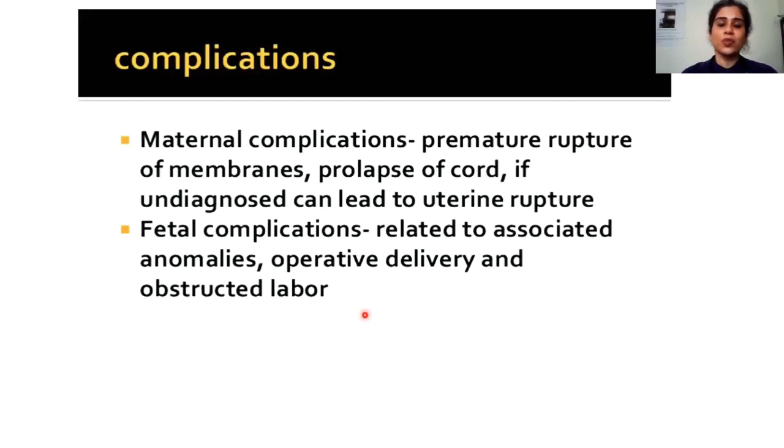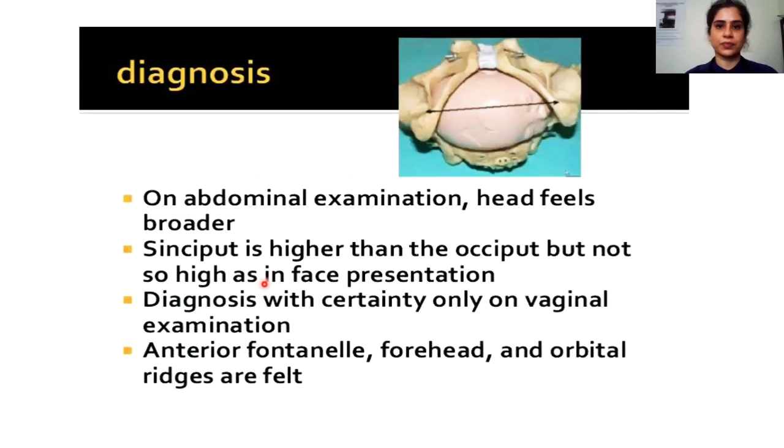The maternal complications are premature rupture of membranes, cord prolapse, and, if undiagnosed, uterine rupture. Fetal complications are related to associated anomalies, operative delivery, and obstructed labor.